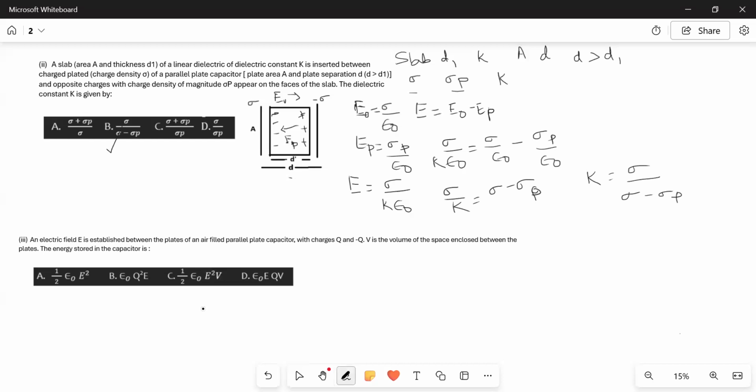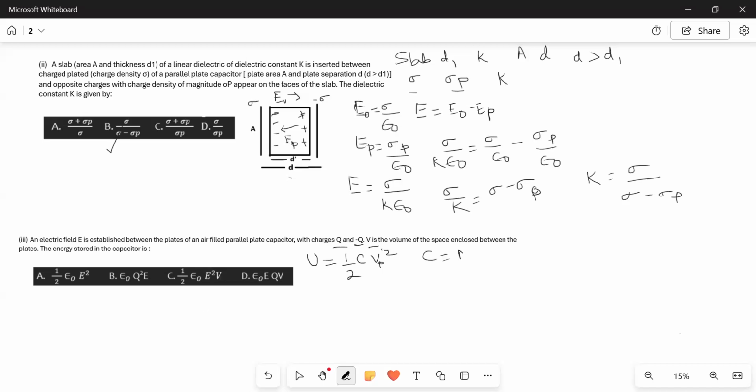Now the third one. An electric field E is established between the plates, and the charges on the plates are plus Q and minus Q. V is the volume of the space between the plates. So we have to find what is the energy. Energy is given by half C V square. V, the potential difference, we represent by Vp here, Vp square.